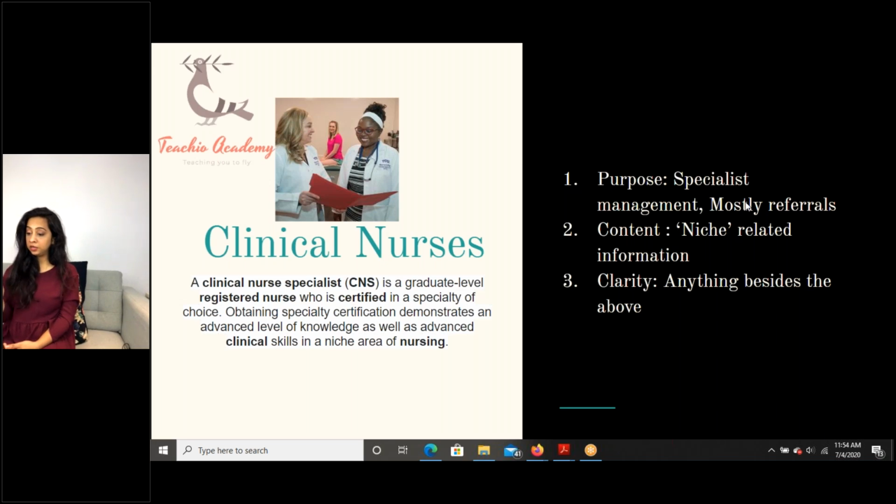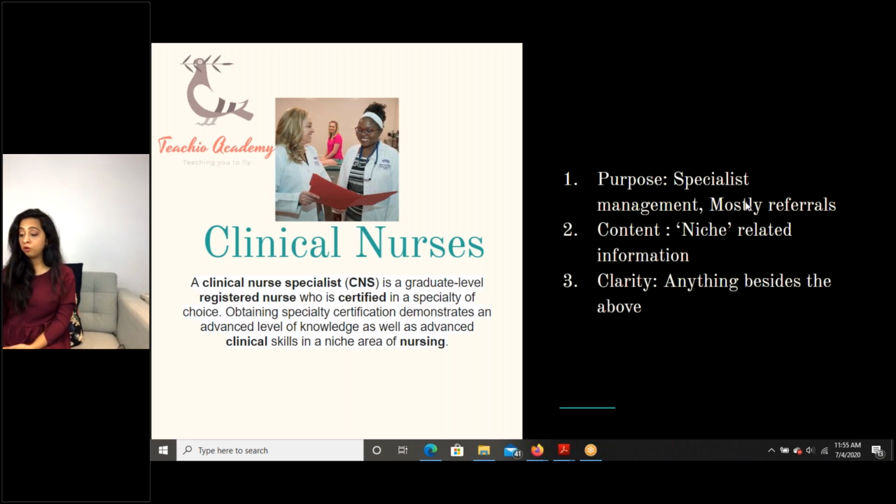Some examples of clinical nurses are a diabetes specialist nurse. So she's just going to be dealing with diabetes, but they're very, very good. So they're able to manage the medications for your patients. They're able to modify the insulin dosages for your patient. They're able to help with wound dressing for a patient with diabetic foot. So they're very, very good.